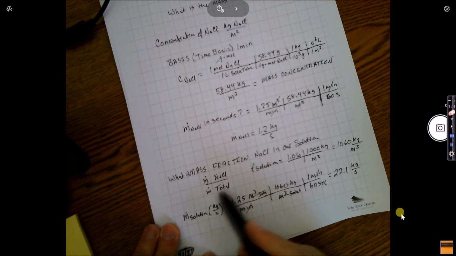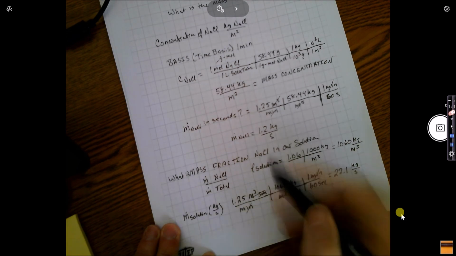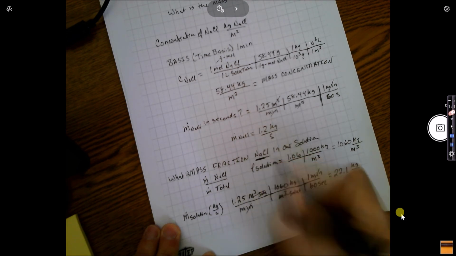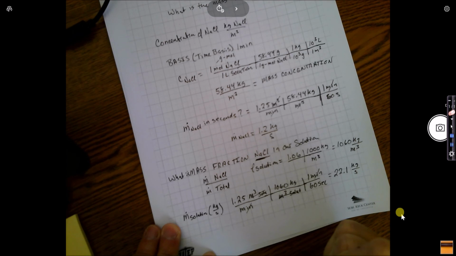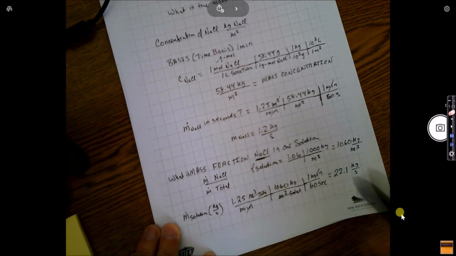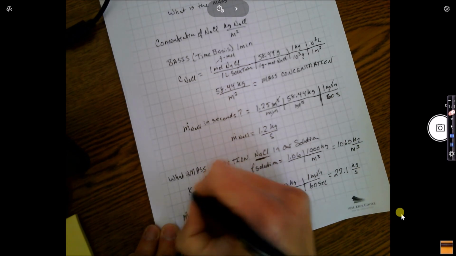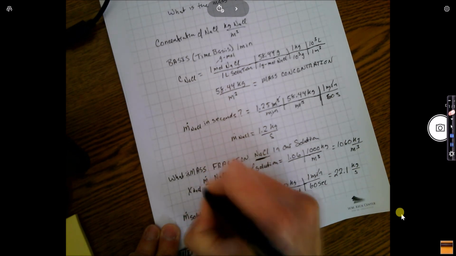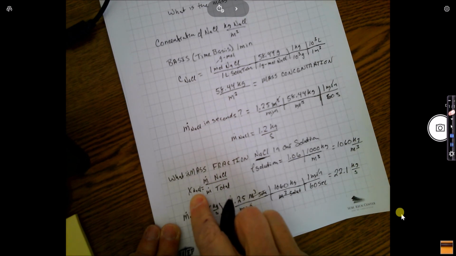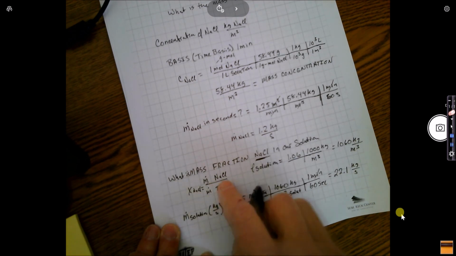So up here, we said we want the mass fraction of sodium chloride in our solution. The seconds are going to cancel, actually all the units will cancel, and we're going to end up with a nice ratio. The mass fraction of sodium chloride is the mass flow rate of sodium chloride divided by the mass flow rate total.